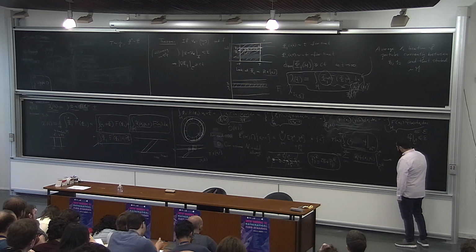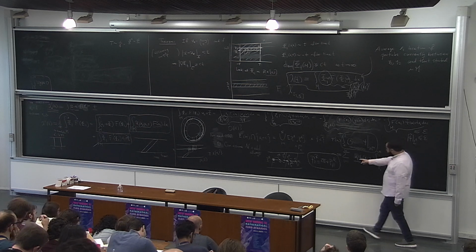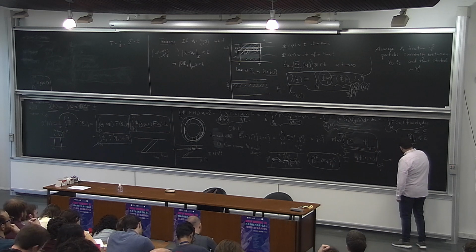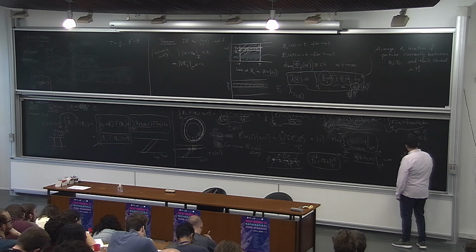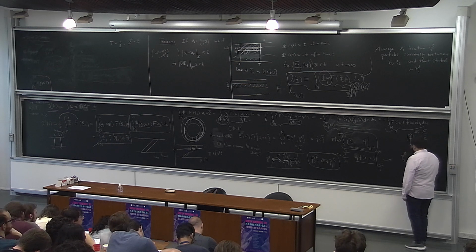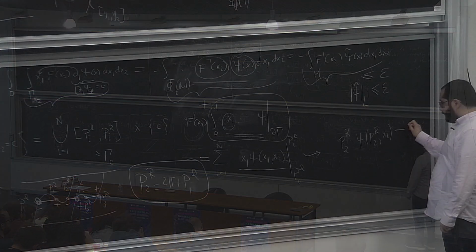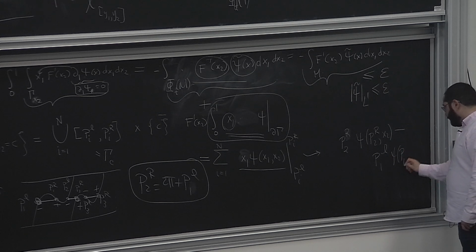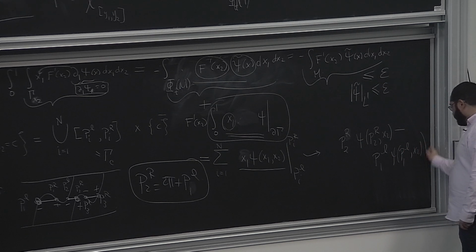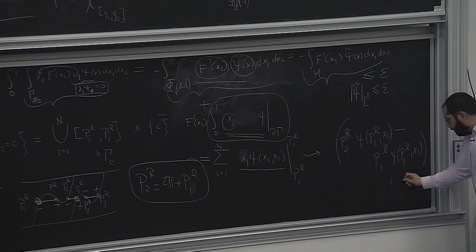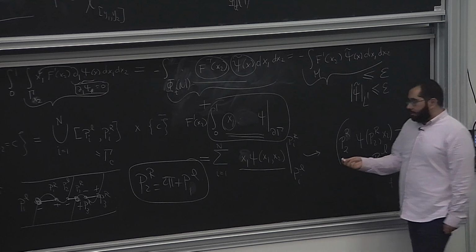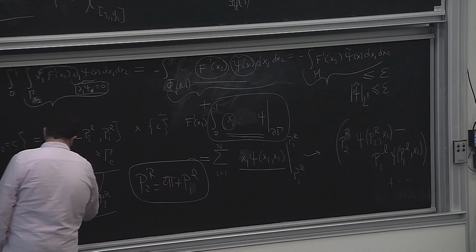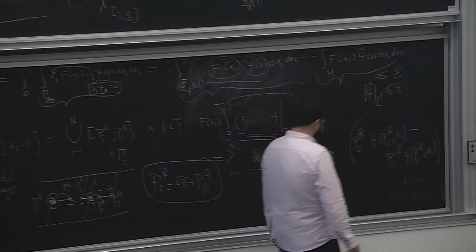So I get, for example, P2R psi of P2R, comma x2, minus P1L psi of P1L, comma x2, and other similar stuff. So I'm going to pair this point with its opposite, which is that point.